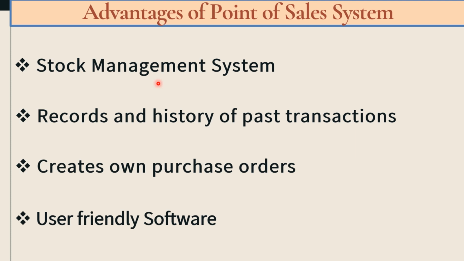It is the combination of some devices, combination of hardware, means combination of visible equipments, and a system or the application software that will be utilized for the smooth functioning of the sales activities at retail shops and other shops.